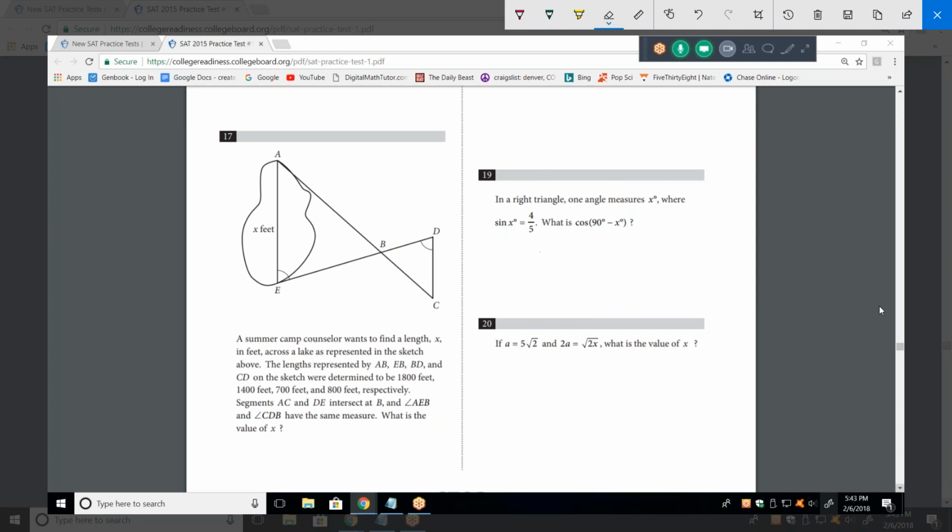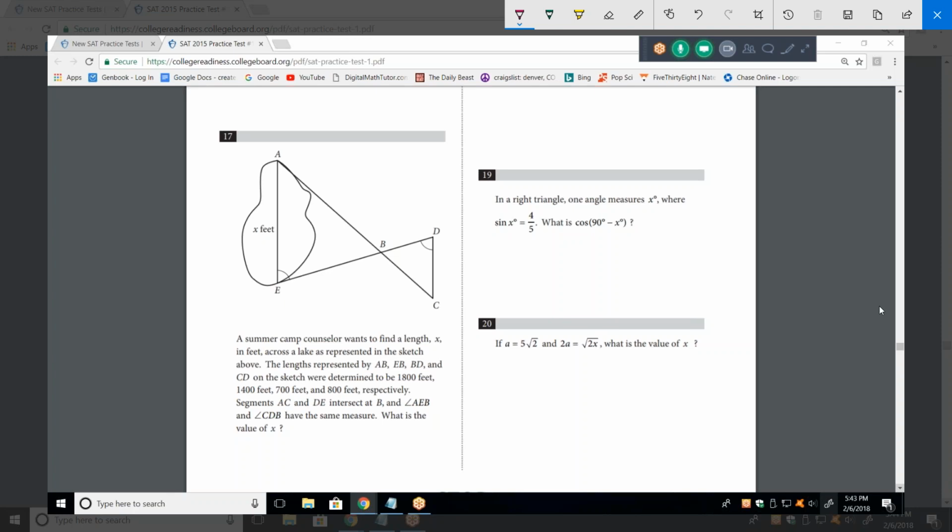So, first of all, let's go through the information and label up the sketch. Never be afraid to label up your test booklet. You're allowed to do that. Even if they ask you to turn it in, they don't care. It can be all marked up. Okay? So AB, EB, BD, and CD are those following dimensions.